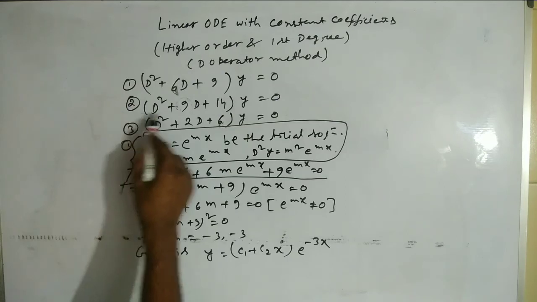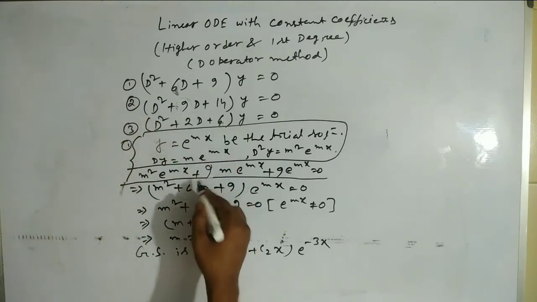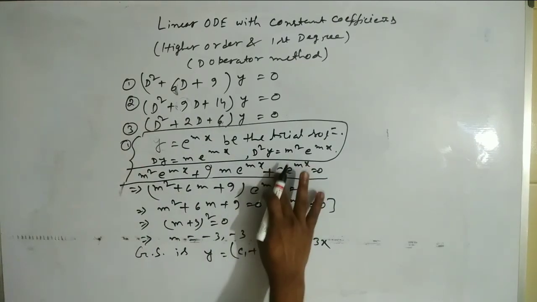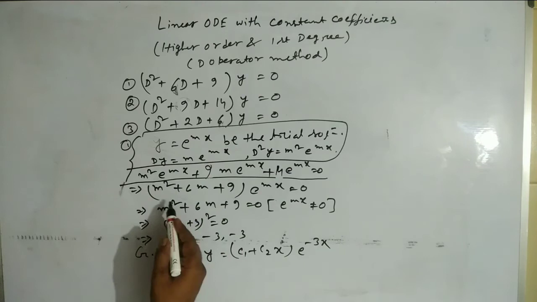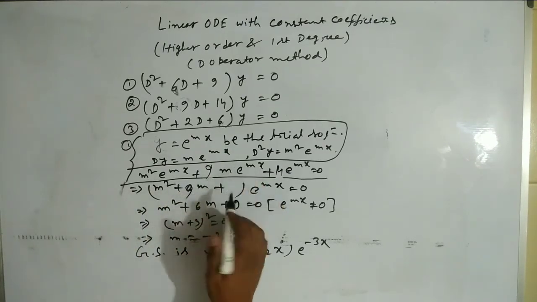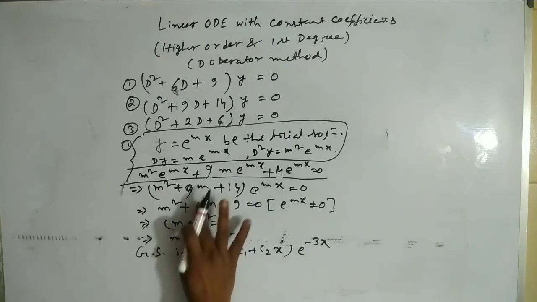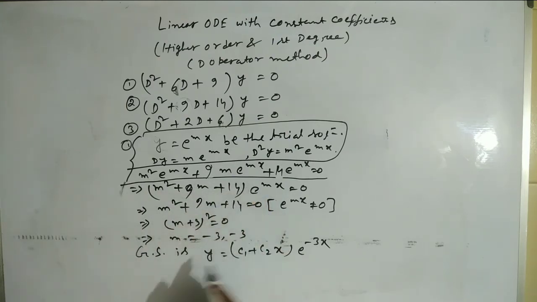Now in equation number 2 there will be 9 in place of 6 and 14 in place of 9. So the auxiliary equation will be m square plus 9m plus 14 equal to 0.